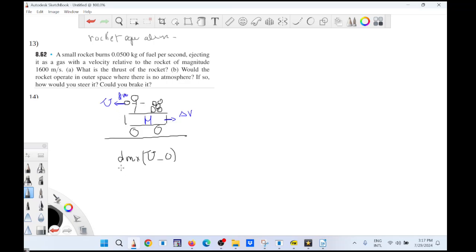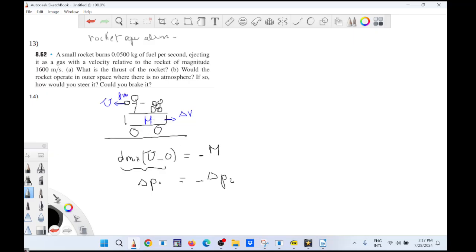So the change in momentum of this mass, P1, will be equal to the change in momentum of that platform here. That will be like the rocket, right? So it will be minus the mass.